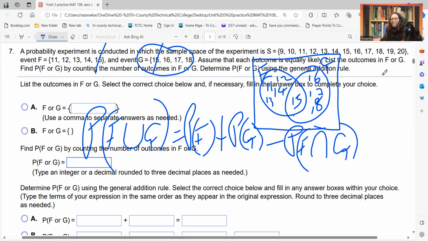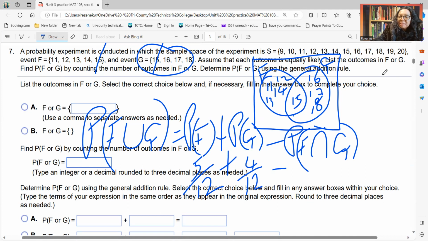Now I want to find the probability of F. It says it's equally likely. So the probability of F is the 5 numbers in F over the total. The probability of G is the 4 numbers in G over the total in the universal set. What is the intersection?